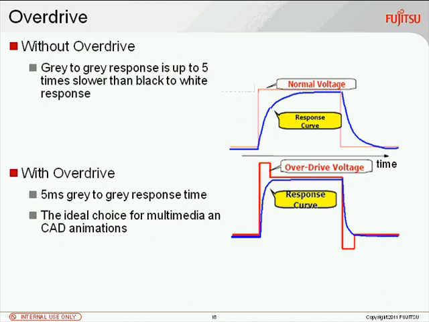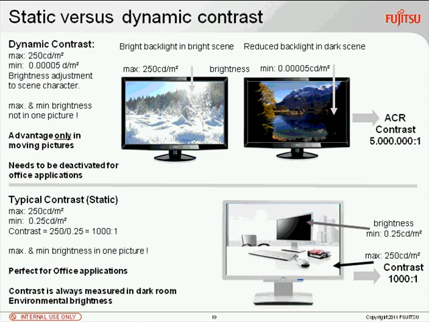So now coming to the last slide of my presentation, and this should explain how you can reach millions-to-one contrast with LED backlight. Let me first start with the common interpretation of contrast in the lower part of the picture, which is the static contrast.